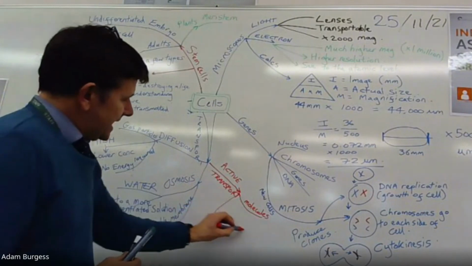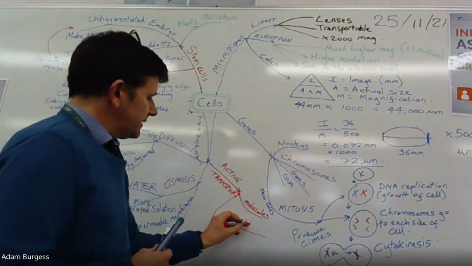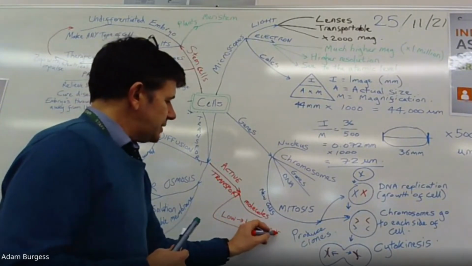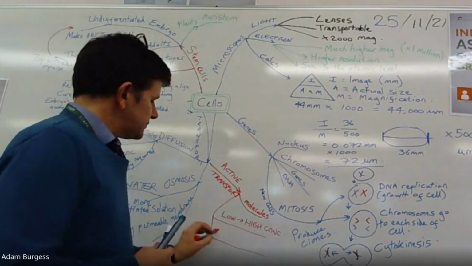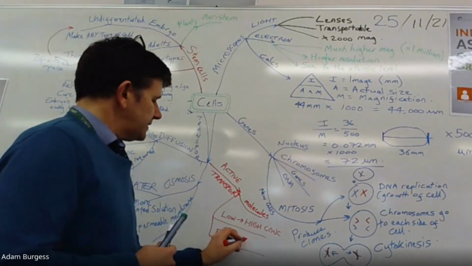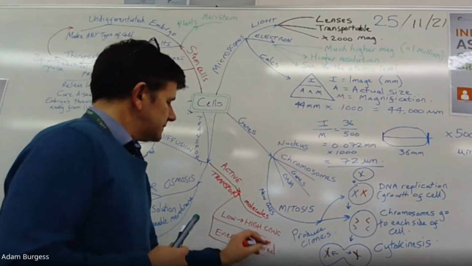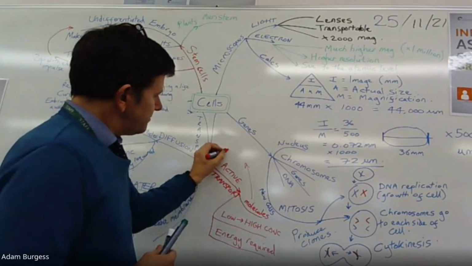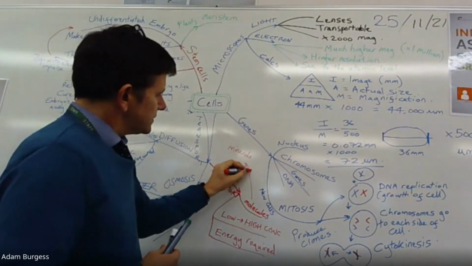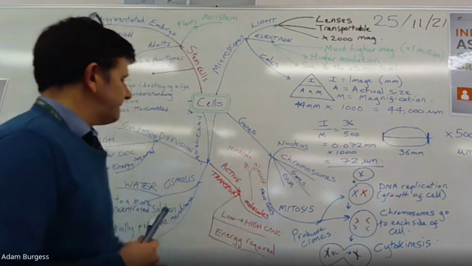But the big thing here is it goes from a low to a high concentration. And most importantly, energy is required from ATP, from the mitochondria. So energy is required. You can just put molecules, so minerals, glucose, stuff like that. Good.